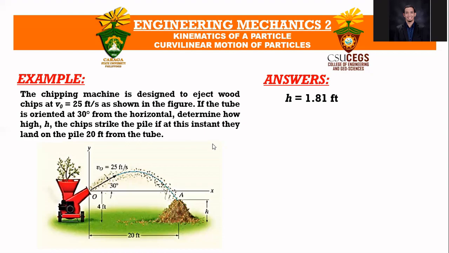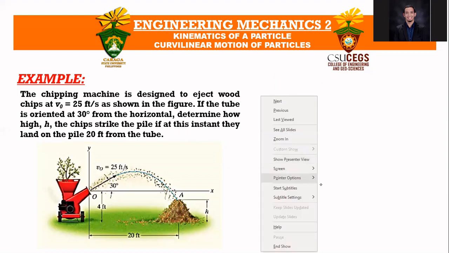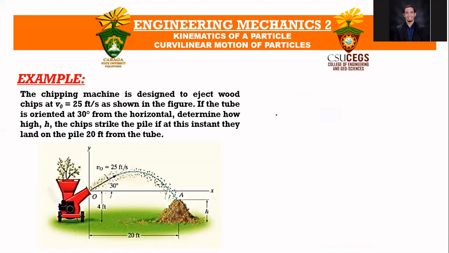So for our solution, based on what I discussed last time on the procedure for analysis for motion of a projectile, the first thing is we need to establish the coordinate system.